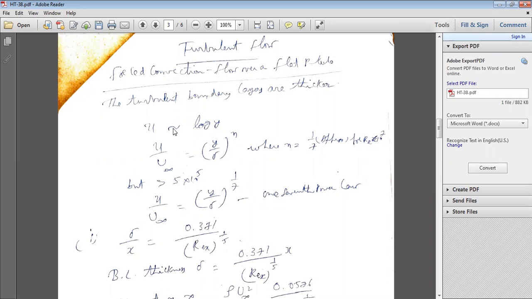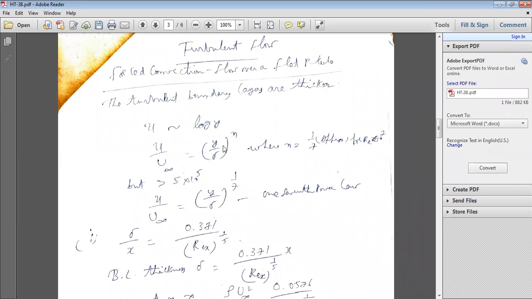Velocity is approximately a log function of y. The velocity ratio u by u free stream, where u is the velocity at any given value of y from the surface of the plate in the y direction, and u free stream is the velocity of the fluid, is a function of y by delta whole to the power n. Delta is the hydrodynamic boundary layer thickness.